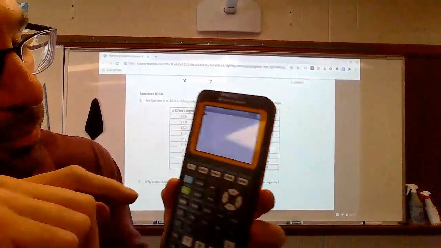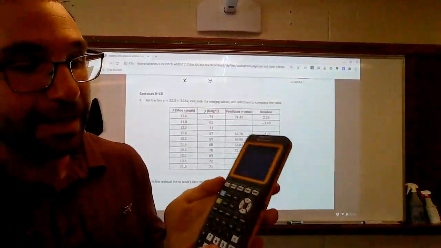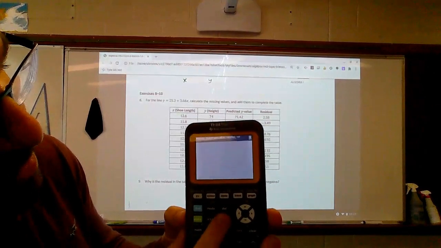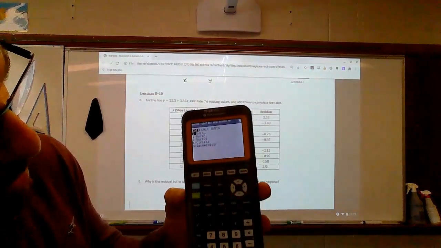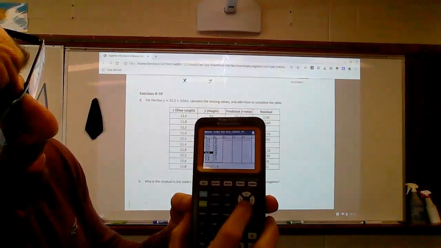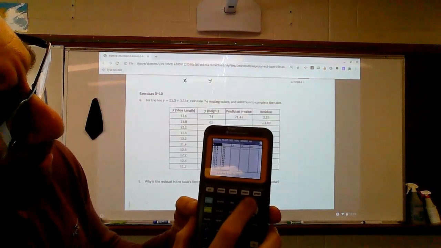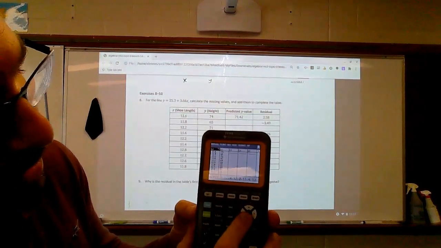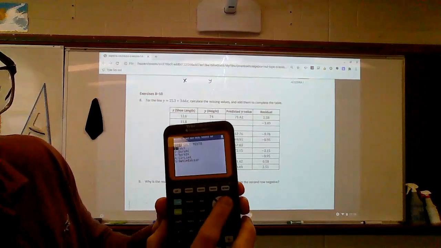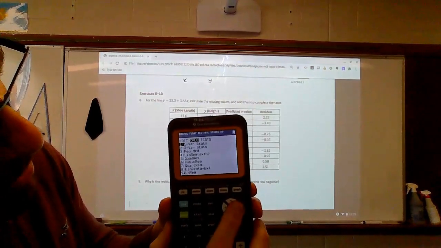So one more time, how do I do this? To get my line of best fit, my linear regression, I press stat, edit's highlighted, I press edit. I enter in all of my numbers. To clear out one of those, I highlight L1 and then I press clear. I'm not going to do that. Once I've entered them all in, I press stat. I move my right arrow over to calculate.